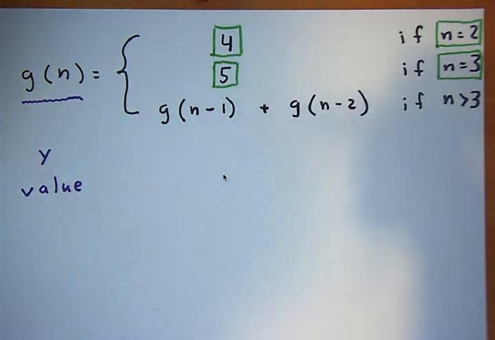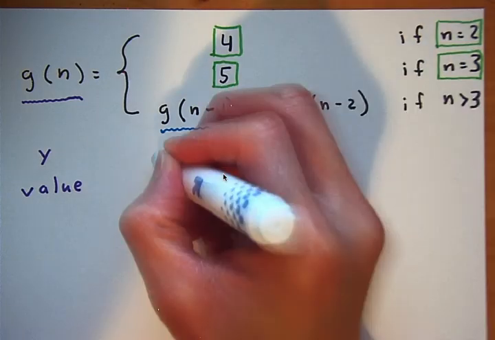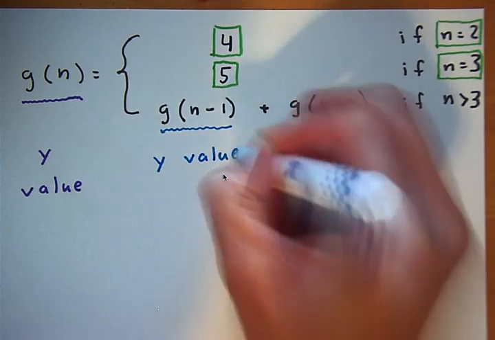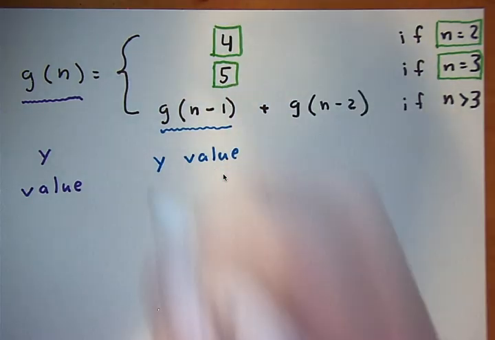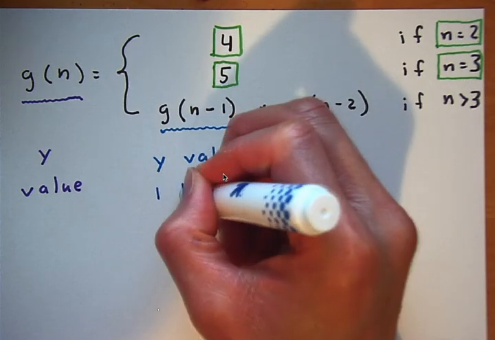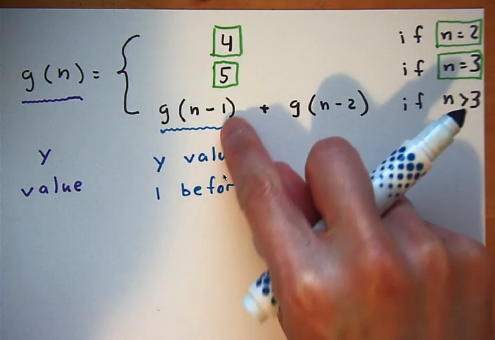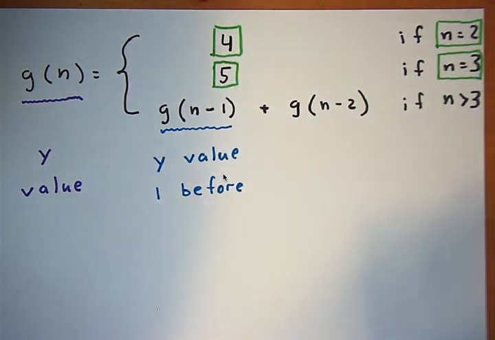This right here is your y value, but 1 before. Because you have that 1 there, and the minus is like before.